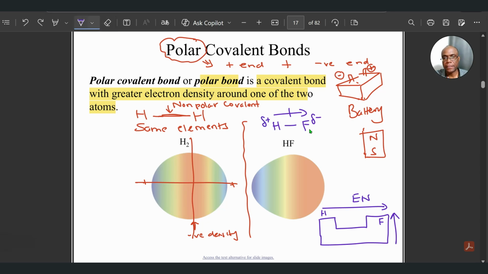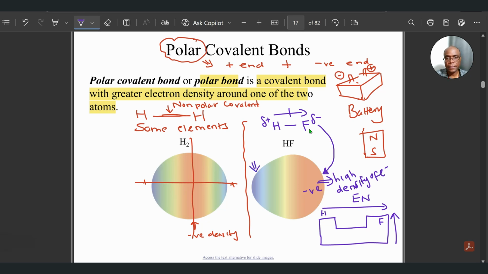So that is what you see here in this globular representation or drawing. So the side where you have the orangish, this side, that's where you have high density of electrons or negative charges. So this is the negative side.